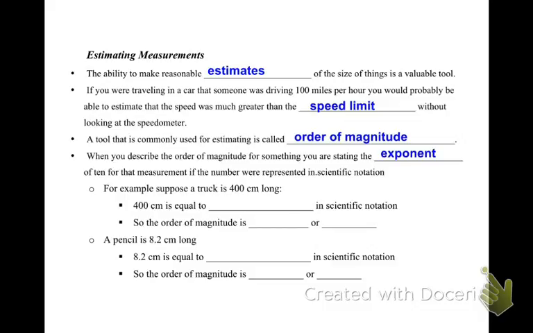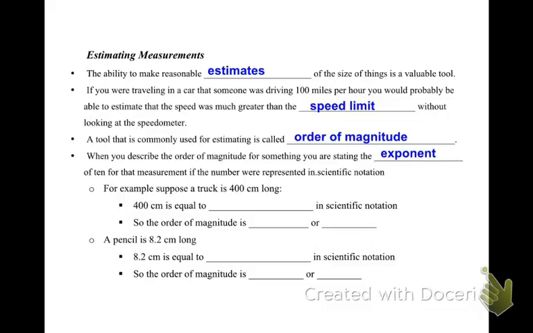Okay. Now, a tool that is commonly used for estimating is called order of magnitude. You have dealt with order of magnitude, but you probably don't even know that you've dealt with it. When you describe the order of magnitude of something, all you're talking about is the exponent of the factor of 10, when that number is written in scientific notation. So, here's our example.